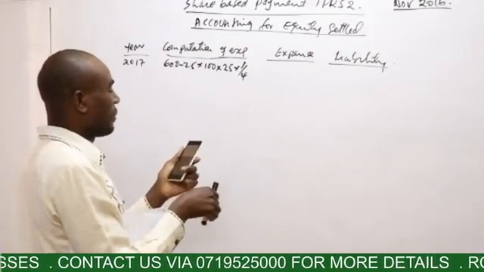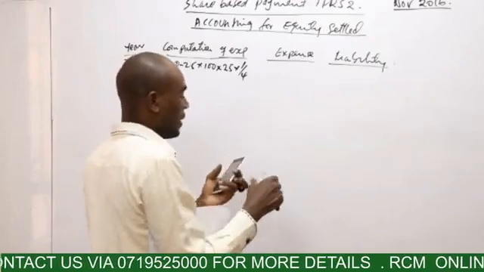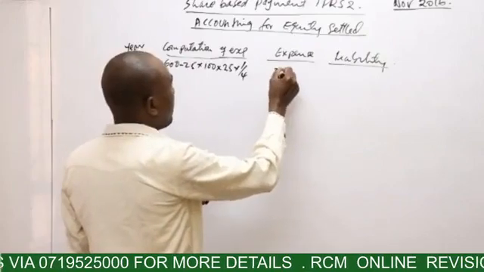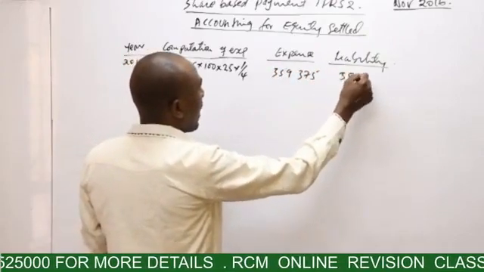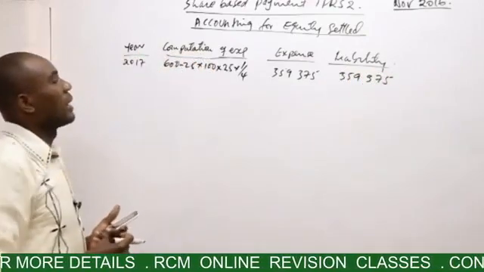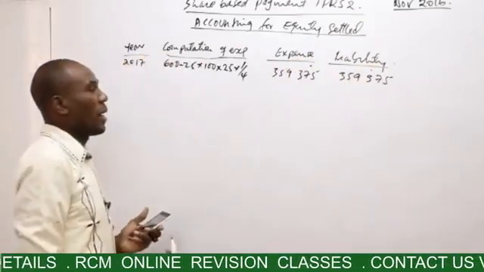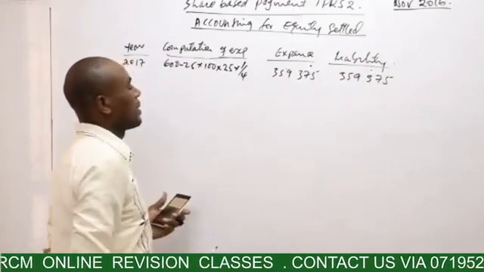I'm getting 359,375. That is our expense in year 1 and the liability in year 1. This is the cumulative liability, and this is the expense.